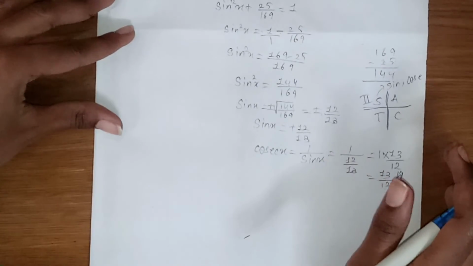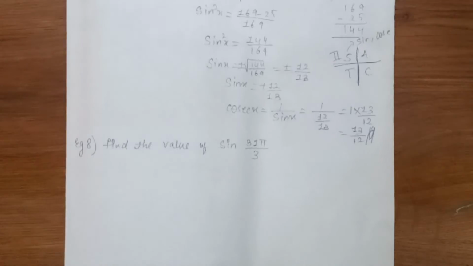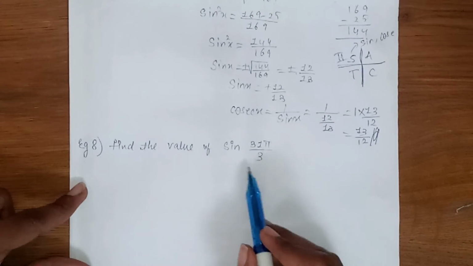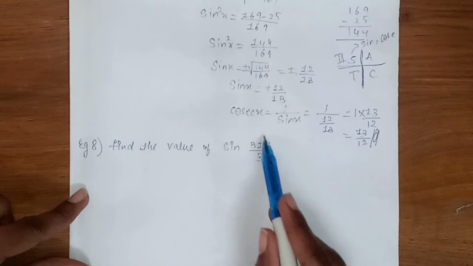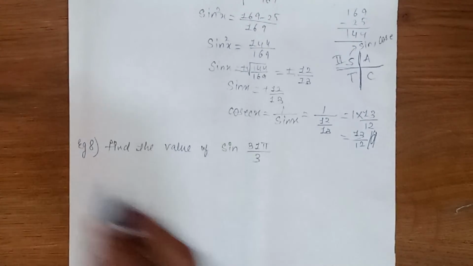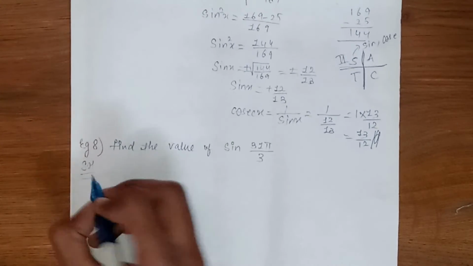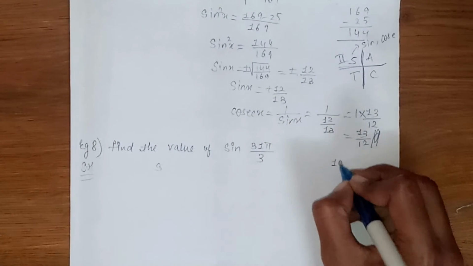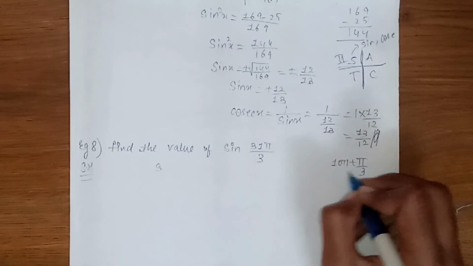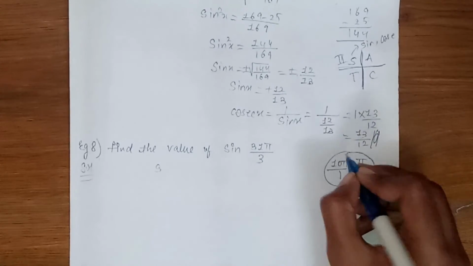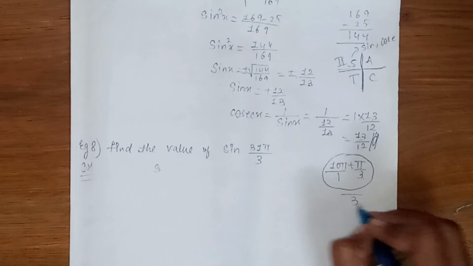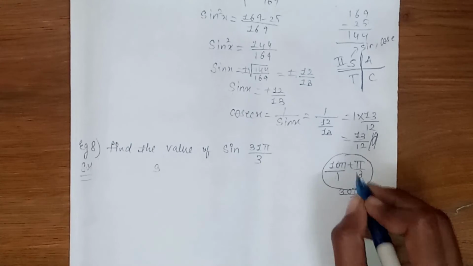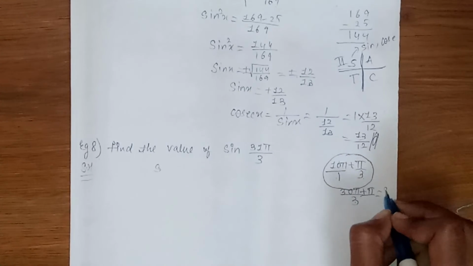So let's go to example 8. Find the value of sine 31 pi by 3. When you get a question like this, first of all, the solution: we write 31 pi by 3 as 10 pi plus pi by 3, because when you take the LCM 3, 3 into 10 is 30 pi, and 3 into 3 gets cancelled, so 31 pi by 3 will come.